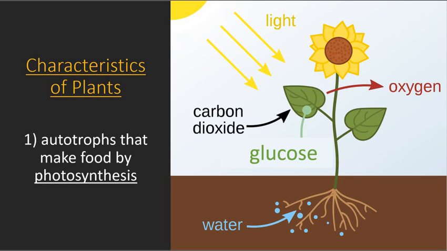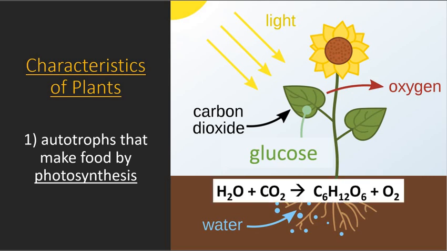Okay, and you can see in the diagram that there are all these different things that they have to have. Okay, water coming in by the roots, carbon dioxide going in the leaves, and what they will produce is glucose, which is a type of sugar, and they'll give oxygen off as a waste product.